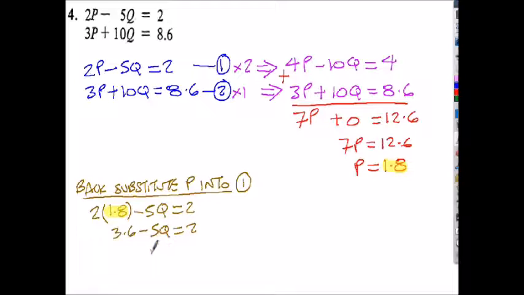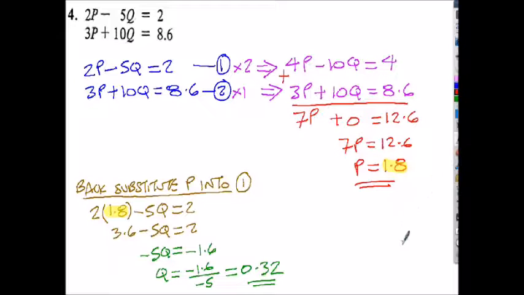Subtracting 3.6 from both sides, so negative 5q is equal to negative 1.6. So q is equal to negative 1.6 divided by negative 5, and that equals 0.32. So again, we solved our simultaneous equation.